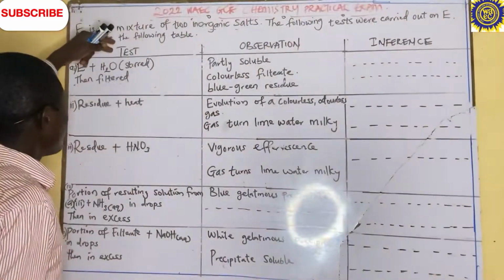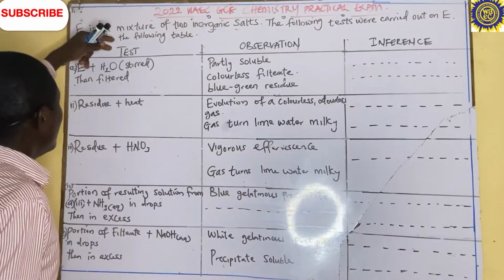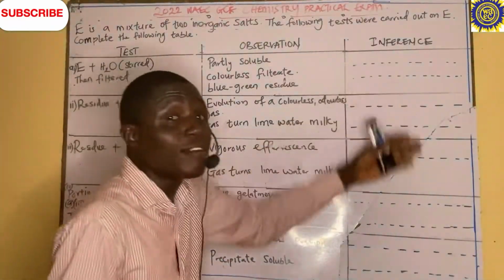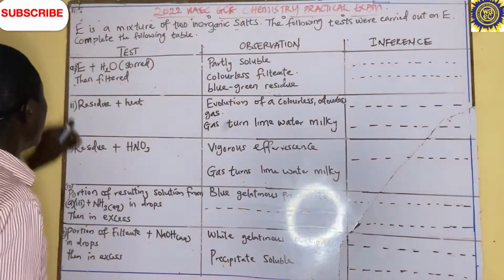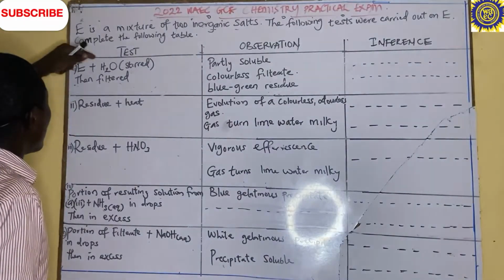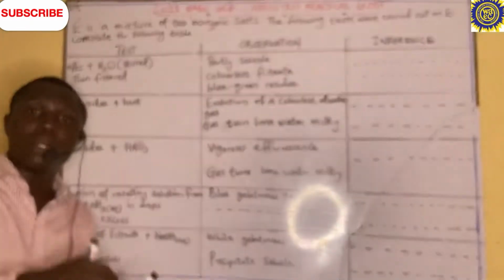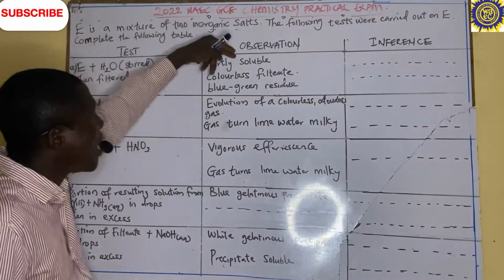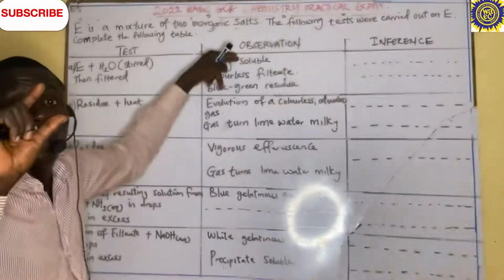Now, we have the test column, the observation column, and the inference column. The first thing that was carried out here is that E plus water, that is, E was added into a test tube, and water was added to E. Now, when they stir it, they have a partly soluble solution.